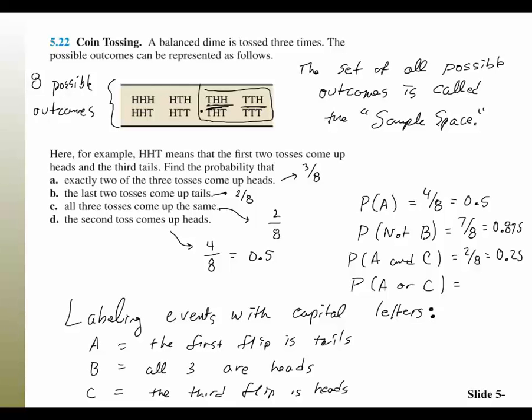So then you're saying which of these also have the first flip or the third flip as heads? The first 2. So this one doesn't apply, and this one doesn't apply, because first is heads, last is tails. All the other ones have at least the first one is heads, or the last one is heads, or the first one is tails. So 6 out of 8. And that's 0.75.